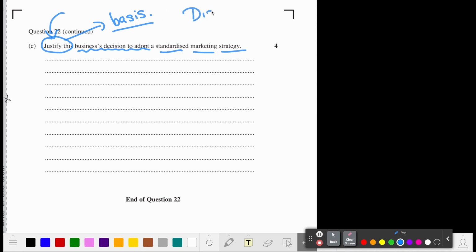If we were going to discuss, then they would say, tell us the pros and the cons. But we're told justify. Justify means just tell us the good points, just tell us the positives about this. I think this is quite an interesting perspective for the question to take. Anyway, that's just what they've done.